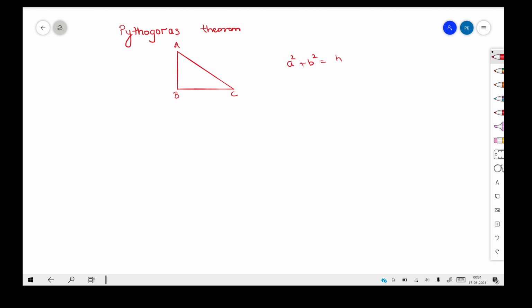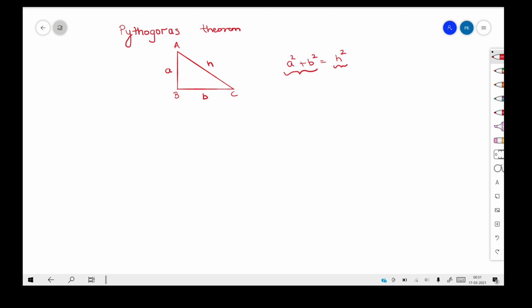What does this mean? This means that suppose AB is the altitude of the triangle and BC is the base of the triangle, then the square of the hypotenuse AC is equal to AB square plus BC square. And we are going to use this theorem to determine how to represent irrational numbers on the number line.